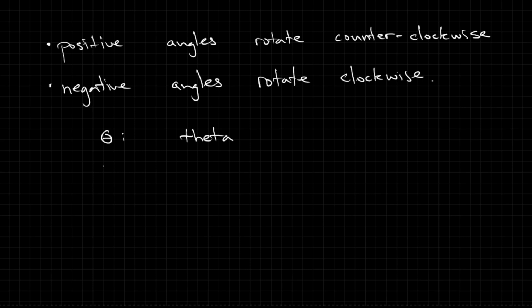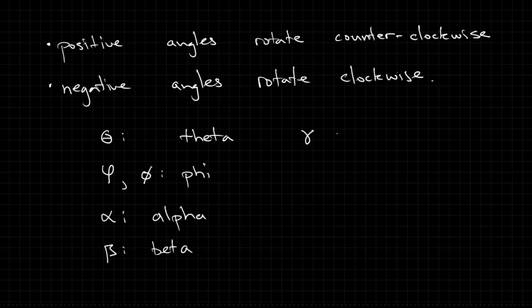Phi is represented, I will almost always draw phi as I've just drawn it, but you will also see it as this symbol as well, and this indeed would be phi. Alpha is this symbol. Beta we have here, and finally gamma.